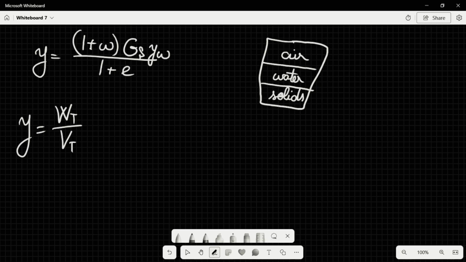The total weight, I'm going to call this W total, is equal to the weight of water plus the weight of solids.